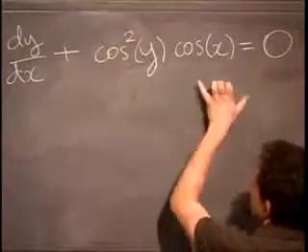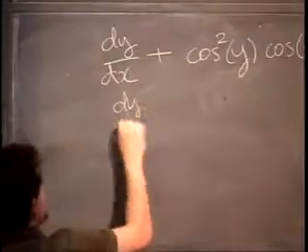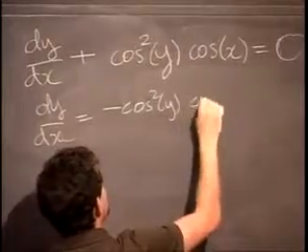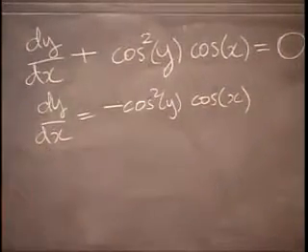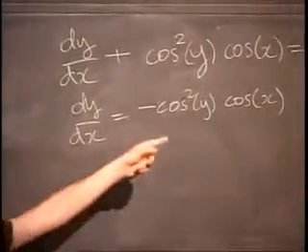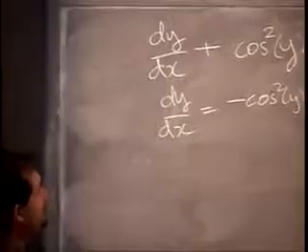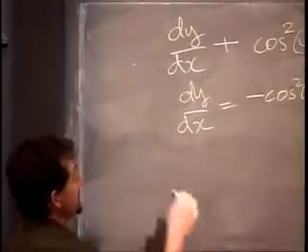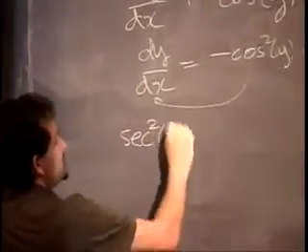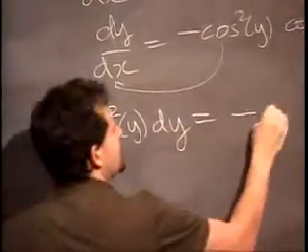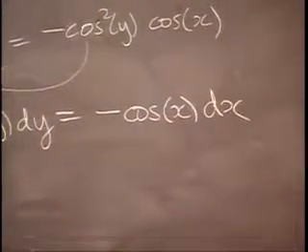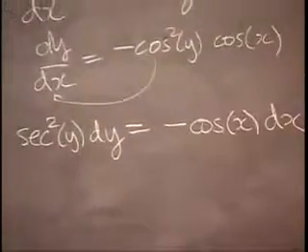Whack this on the other side first. dy/dx equals minus cosine squared y cosine x. And divide by the cosine squared y to put it over there and throw the dx on the other side. In fact, when you divide by cosine squared, you get a secant squared. So when I pull this over, I get secant squared y dy equals negative cosine x dx. You can put the minus on either side. It doesn't really matter. I'll leave it there.